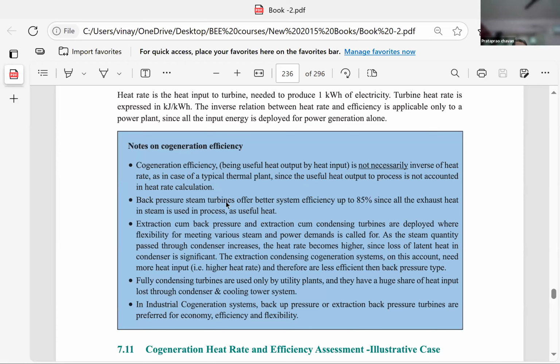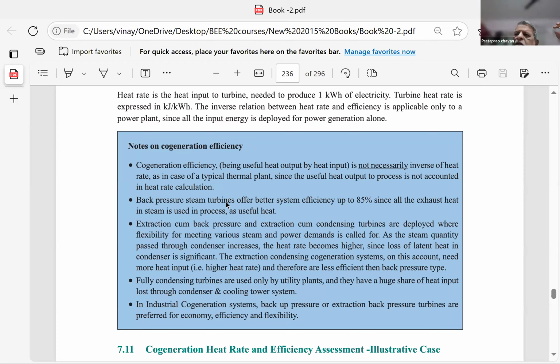A slight difference arises when you audit a generating plant using coal as a fuel. How will you calculate the efficiency? You will say whatever coal is burned, heat is generated, converted into steam, goes to the turbine, goes to the generator. The turbine exhausts to the condenser, and there is the electrical output.